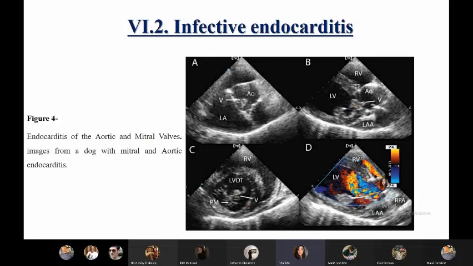And in Doppler mode, we can see that there is a highly turbulent blood flow going from the left ventricle towards the aorta, meaning that we have an obstruction at this level, as seen in B. There is the vegetation that is causing this obstruction and this dysfunction of the leaflet.